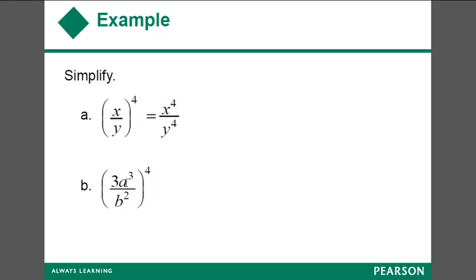If I have 3 times a to the 3rd, b divided by b squared, all raised to the 4th power, I separate it out and distribute my 4 to every power, such as I've done here, 3 to the 4th, a to the 3rd raised to the 4th, b squared raised to the 4th. 3 to the 4th becomes 81. 3 times 3 is 9, times 3 is 27, times 3 again is 81.